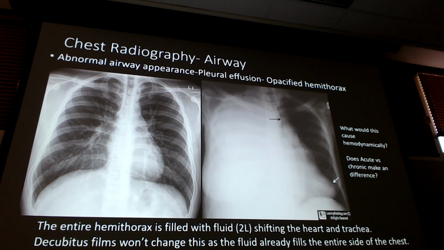What is happening to my trachea and to my mediastinal structures? They're being pushed, which means that lung is filled with fluid versus pulled. Because on x-ray, I will tell you, a whole lung atelectasis looks exactly like that. The difference is, where are those structures going? Symptoms, very similar. Shortness of breath, dyspnea, probably some chest pain.